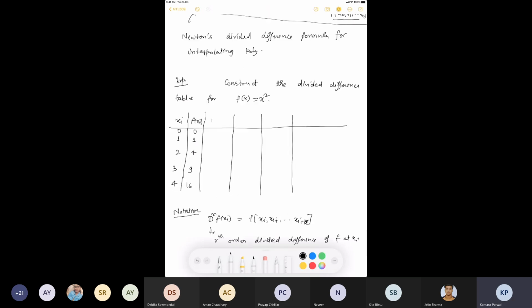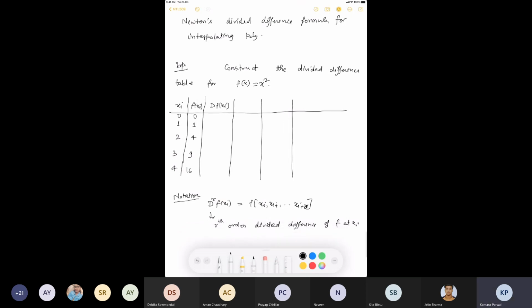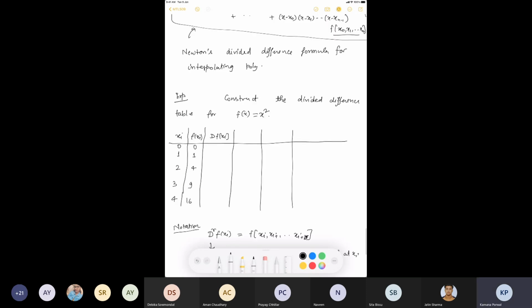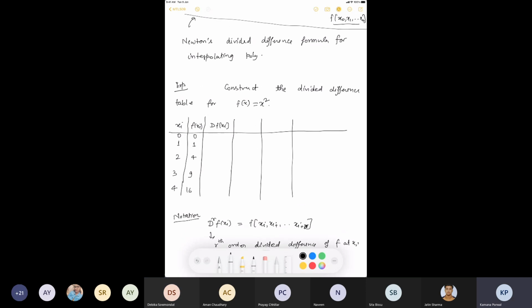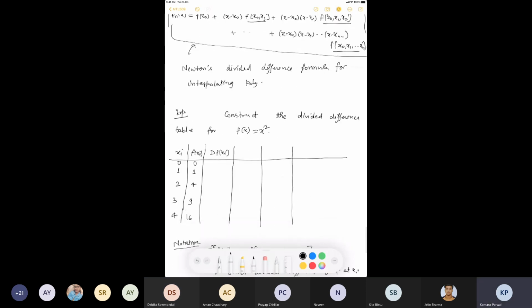So I'm going to find the first divided difference of f at xi. So how will I compute it? Look at the formula. What is f[x0, x1], for example? This is going to be f(x1) minus f(x0) divided by x1 minus x0, right? For that matter, if you have any xi and xi+1, this is going to be f(xi+1) minus f(xi) divided by xi+1 minus xi, right?